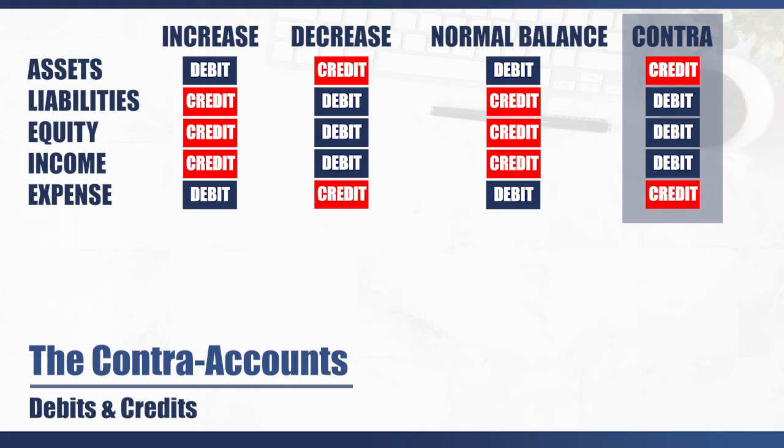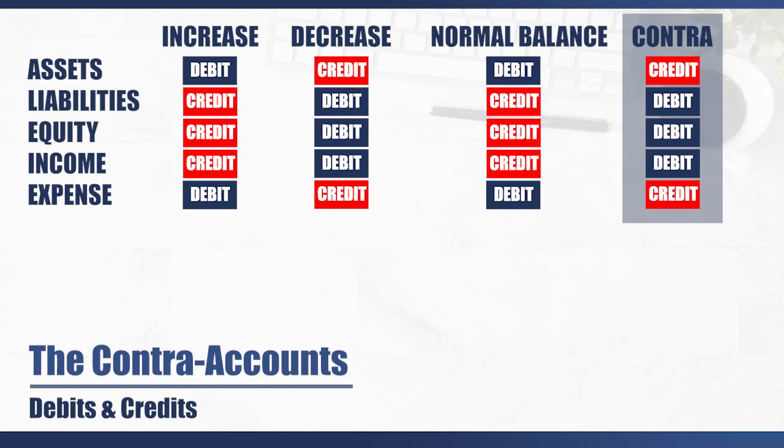A contra-liability account increases through a debit. And similarly, a contra-equity account increases through a debit as well. Contra-income account increases through a debit, and contra-expense accounts increase through credits. This automatically follows that the normal balances of contra-accounts are the opposite of the element in which they fall under.